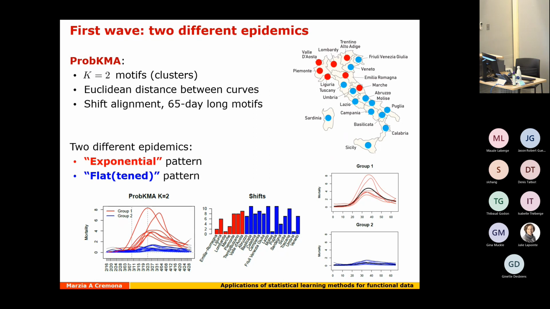We find these two groups by aligning the curves, so we also obtain the shift between the curves. This shift basically tells us the different timing of the epidemics in the different regions.